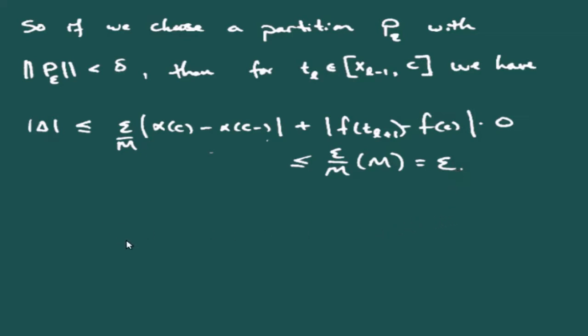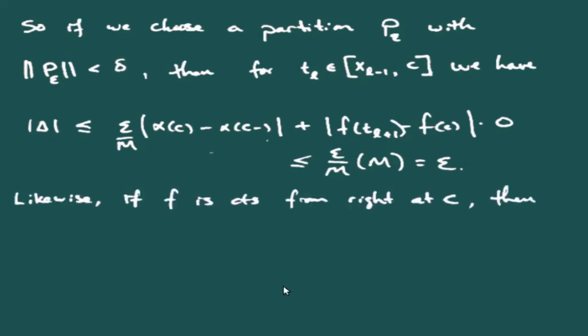Now, we do the same thing if we assume that f is continuous from the right at c, then there exists a delta greater than 0. Same thing applies.